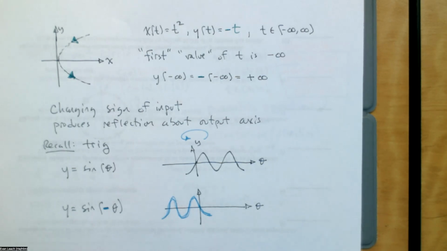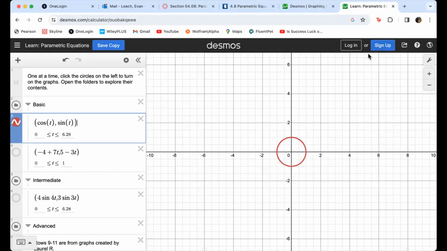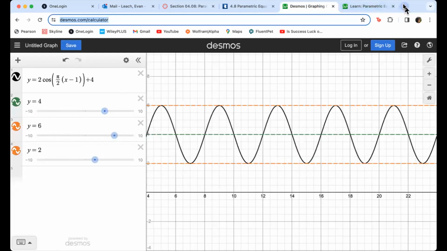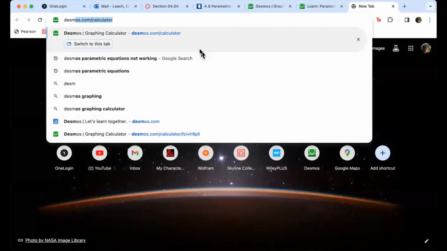Let's jump over into Desmos. Let's just get a new Desmos.